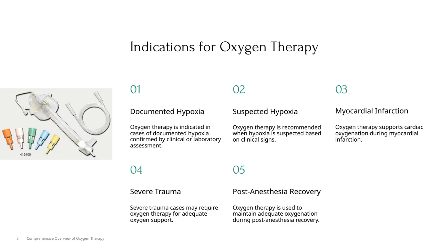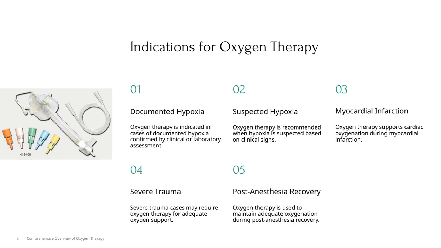These patients often have compromised respiratory function or blood loss, making sufficient oxygen support vital for their stabilization and healing. During a myocardial infarction or heart attack, oxygen therapy plays a supporting role in cardiac oxygenation. Since the heart muscle needs ample oxygen to function properly, providing supplemental oxygen can help reduce the extent of damage.